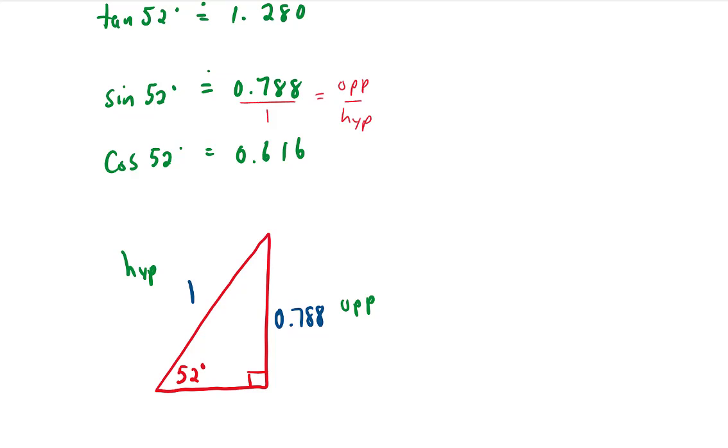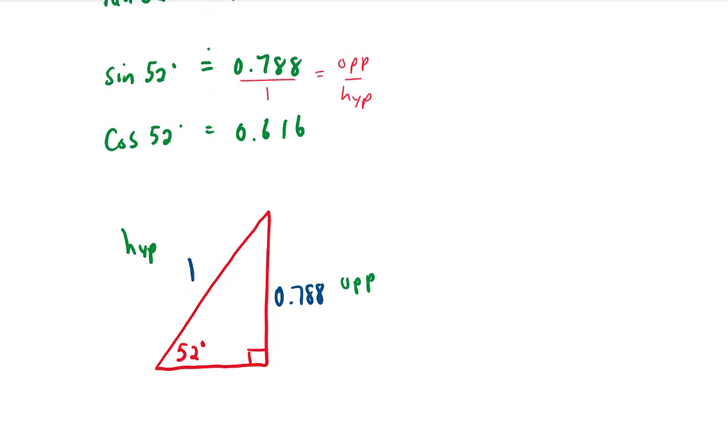So any triangle that's 0.788 for its opposite side and a ratio of 1 for its hypotenuse will have 52 degrees as its angle. So this could be 788 versus 1,000, right? The hypotenuse could be 1,000. The height of the triangle could be 788 units. The cosine is telling you that your adjacent side is 0.616 and your hypotenuse is 1.